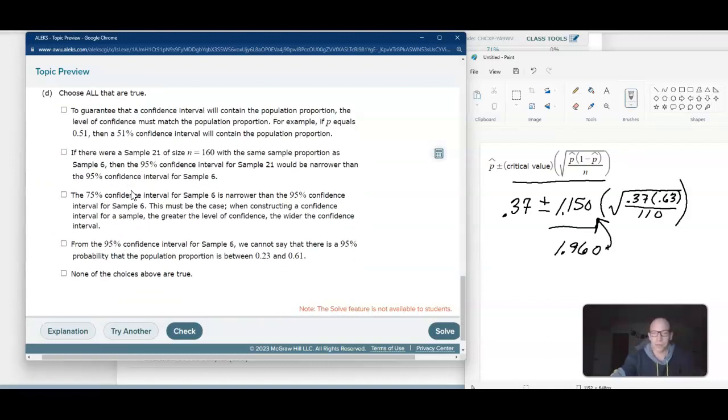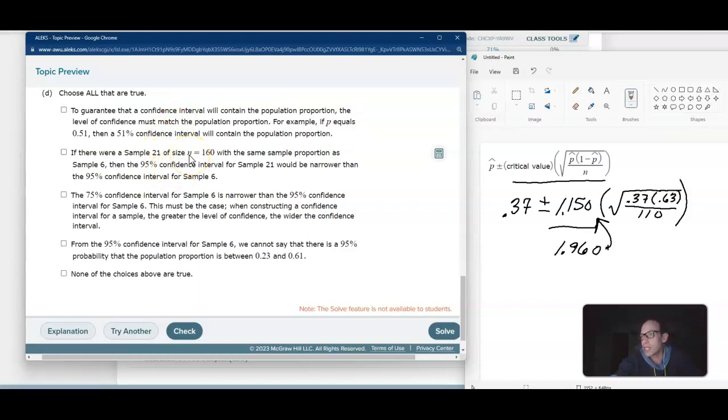You have to read them very carefully because they do change little wording here and there. So it says to guarantee a confidence level will contain the population proportion, you have to have the confidence level match the proportion. That's just hogwash. I mean, that's just nonsense. That means nothing. So this one's not true. There's no reason those two would match up. Completely separate things.